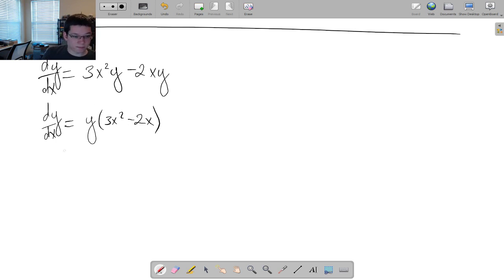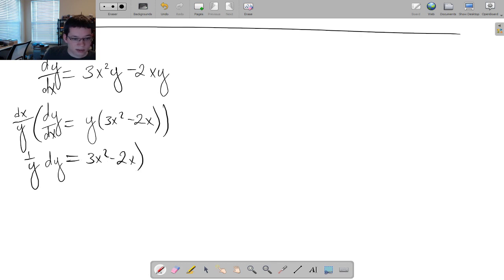We can separate them. So you have dy times 1 over y, so we've divided by y, equals, and dx, or multiplied by dx. So then we have 3x squared minus 2x dx.